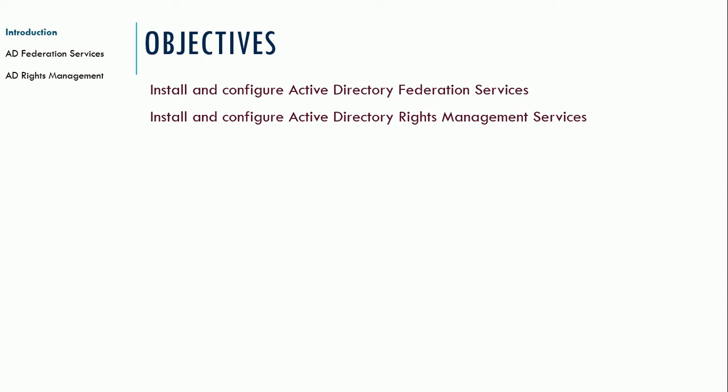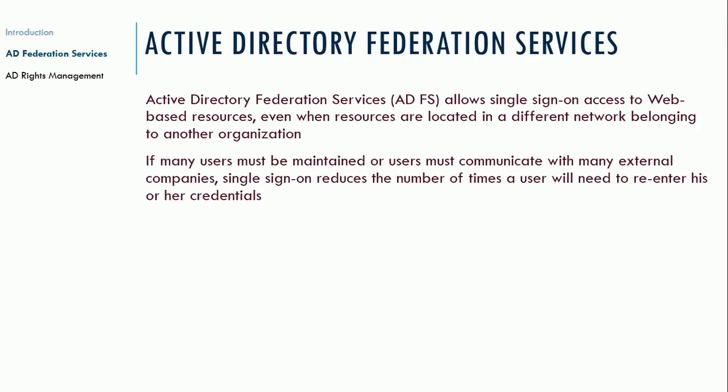From a high level, that's things like being able to view a document but not print it, or not being able to copy a document and make a new version of it, to prevent data leakage and so forth. So it augments existing security policies. Let's go ahead and start talking about Federation Services.